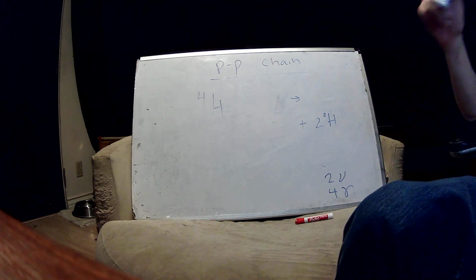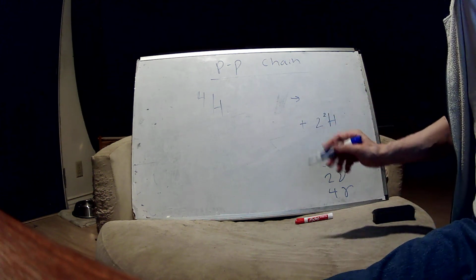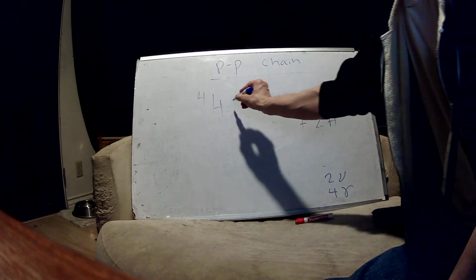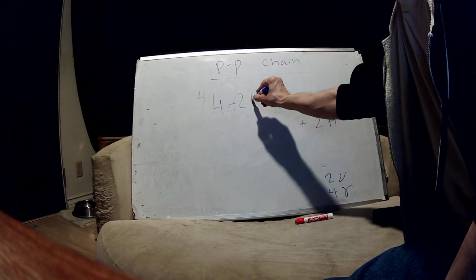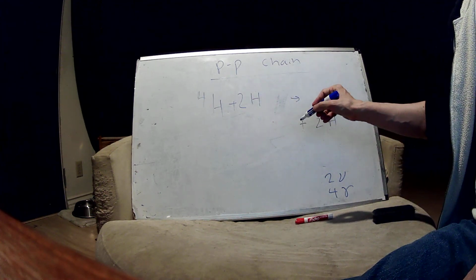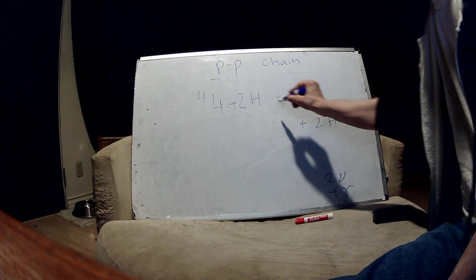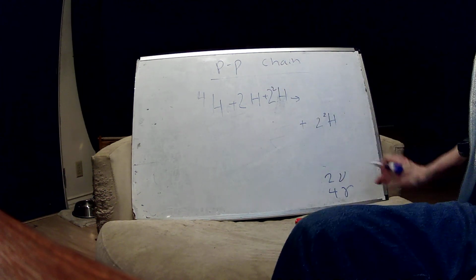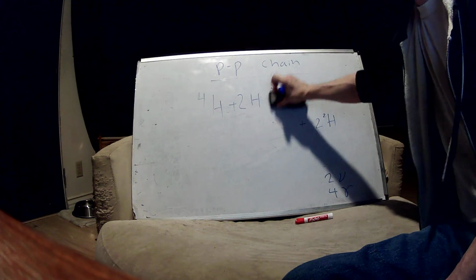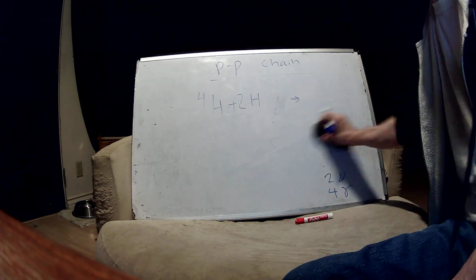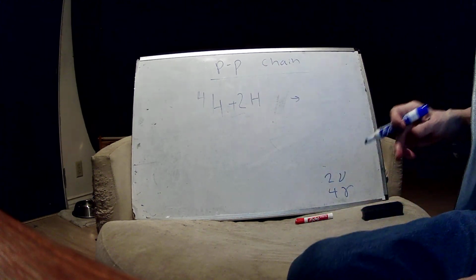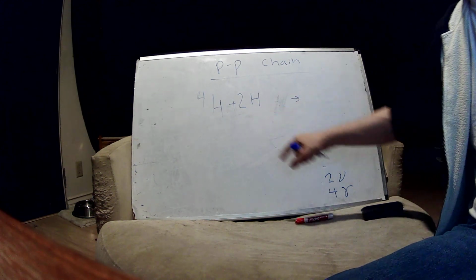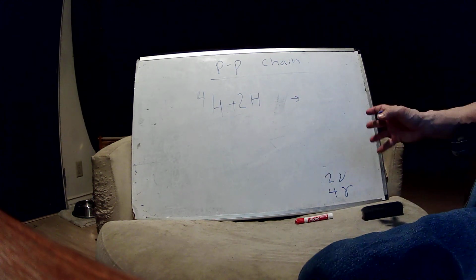Now, our next reaction, we're going to take 2 more hydrogens, and we're going to smash them into these 2 heavy hydrogens. Now we've got reactants on both sides again, so we're just going to get rid of them. So now we're talking about smashing 4 hydrogens together. What do we get this time?